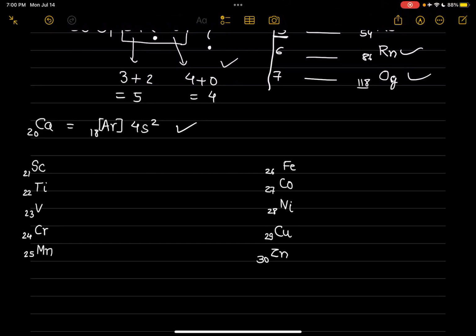You can remember the mnemonics. You can make a song, Sc, Ti, V, Cr, Mn, Fe, Co, Ni, Cu, Zn, like that. These are very, very important.